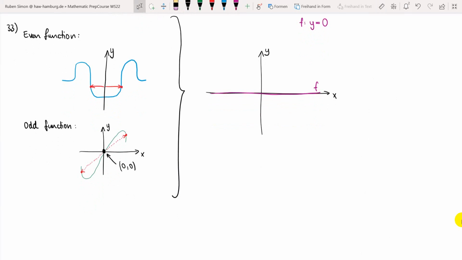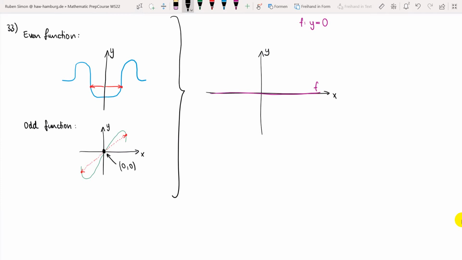All right, so now maybe we can go through at least one of the tasks in topic 33, or better would be to determine the conditions, the mathematical way of writing the condition for a function to be even or odd.